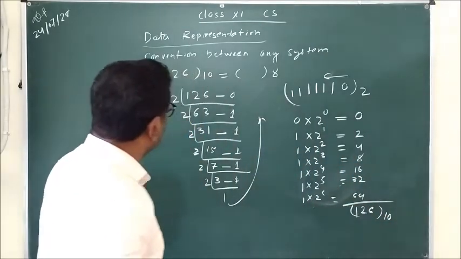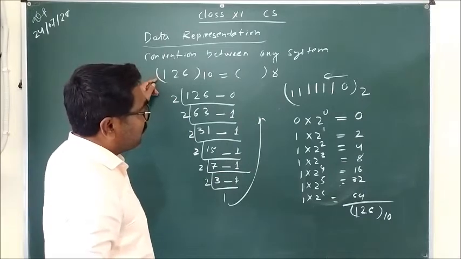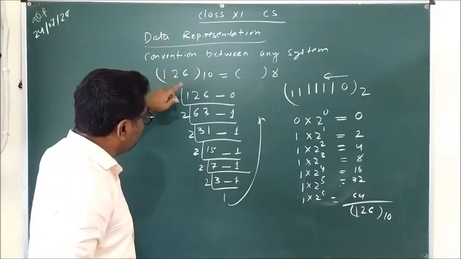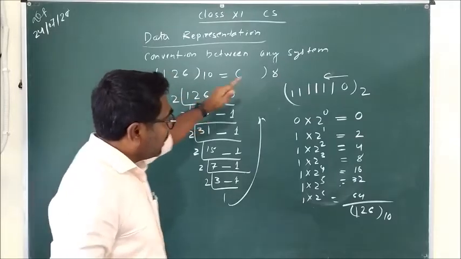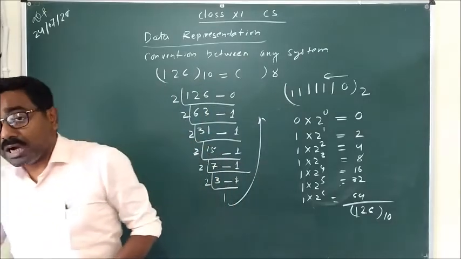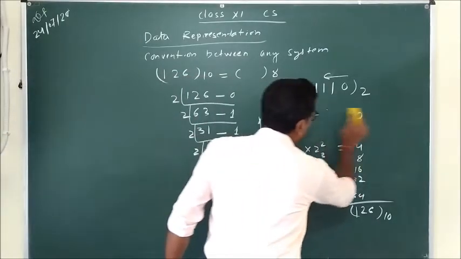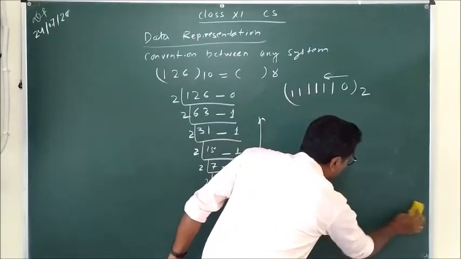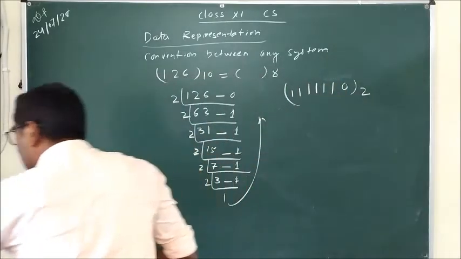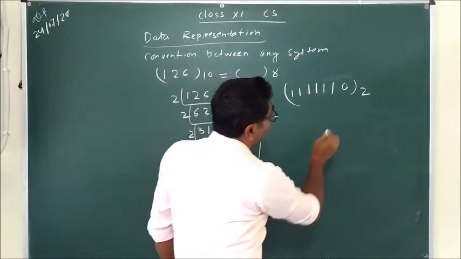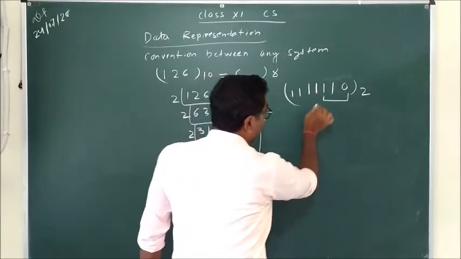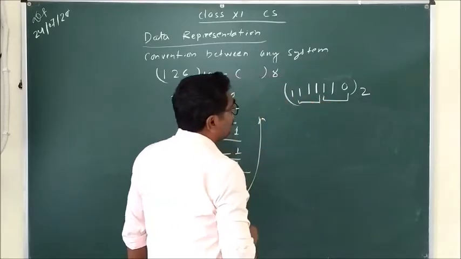The same thing we are getting if we are converting the number from binary to decimal to binary and decimal, again binary to decimal. Now we have to convert this number into octal number. For converting this number into octal number, we have to make groups of 3 digits from the right hand side. So this is one group, this is another group.